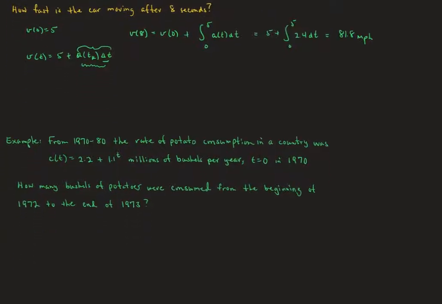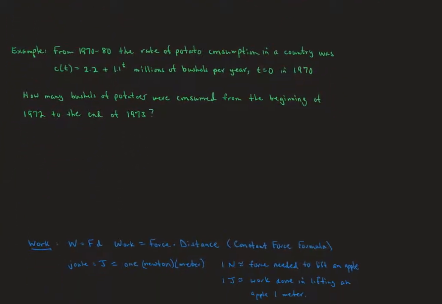So let's move on to a different example, other than a particle motion kind of problem. In this example, from 1970 to 1980, the rate of potato consumption in a country was C of t, C for consumption, which is 2.2 plus 1.1 raised to the t, and our consumption is measured in millions of bushels, so this rate is millions of bushels per year, with time 0 in 1970.